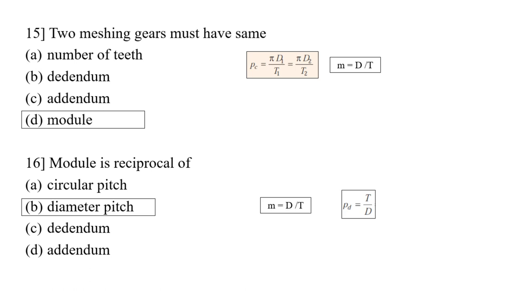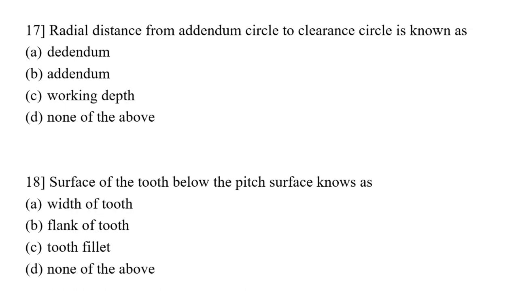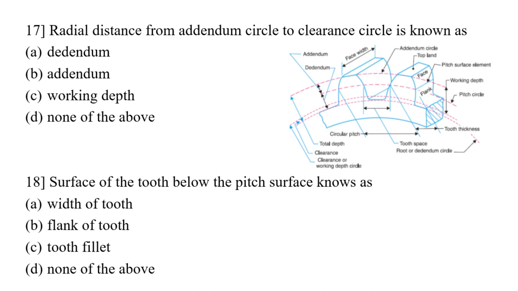B will be the correct option. Next, the radial distance from the addendum circle to the clearance circle is known as. In this gear terminology diagram, observe that the distance from the addendum circle to the clearance circle is known as the working depth. So the correct option here will be C, working depth.